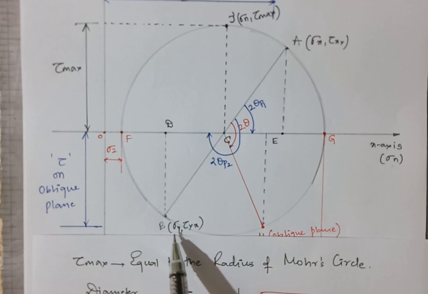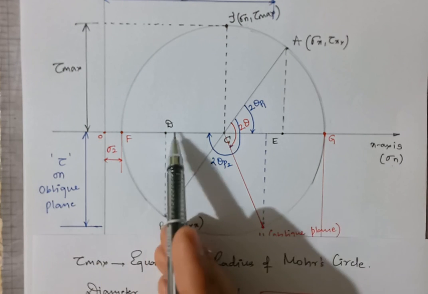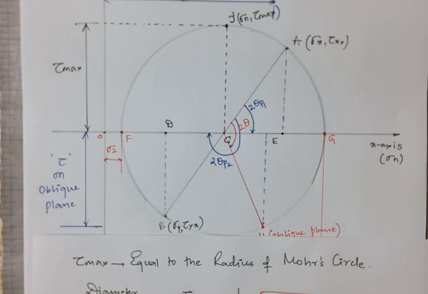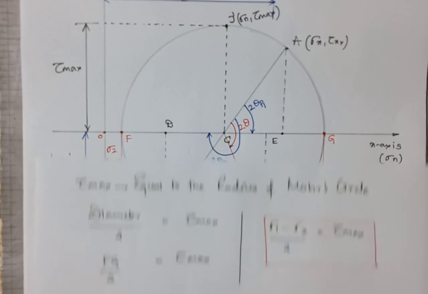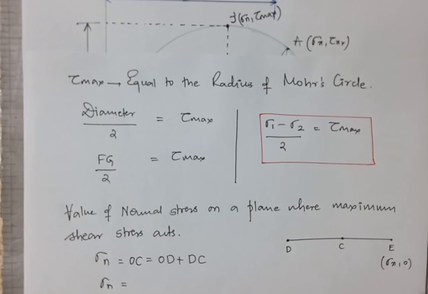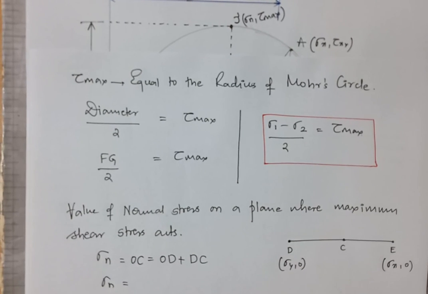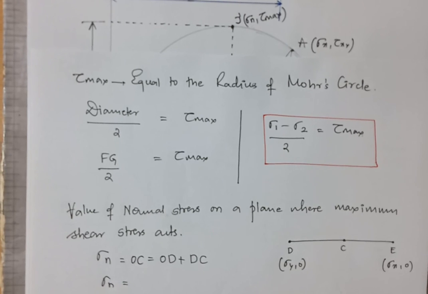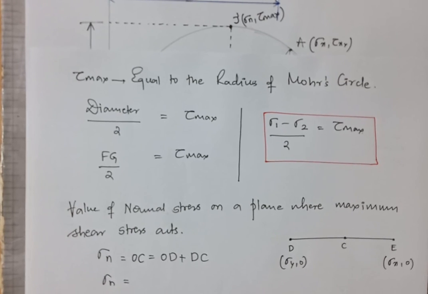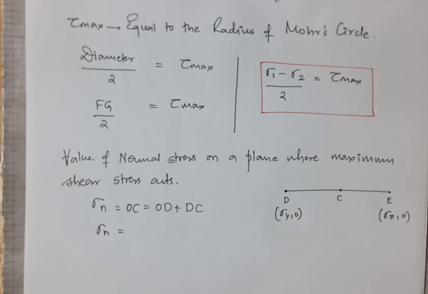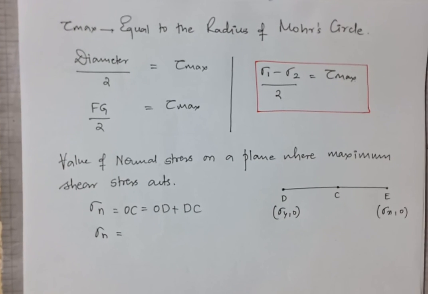So this distance from O to D is sigma y. So the coordinates of point D are sigma y comma 0.